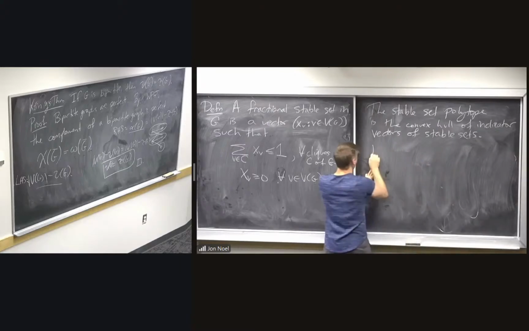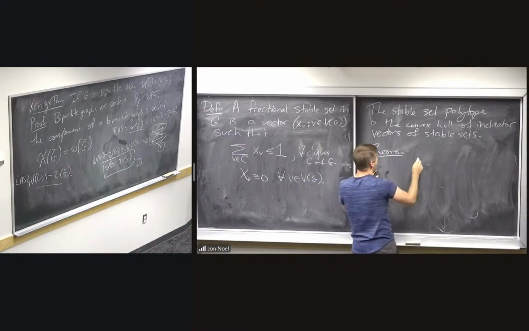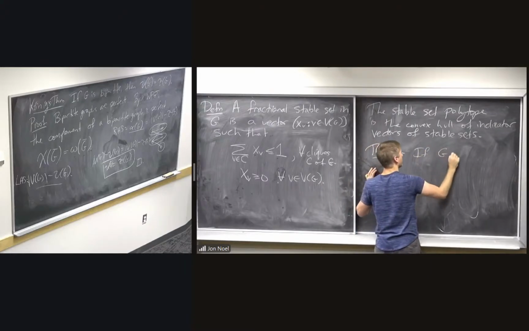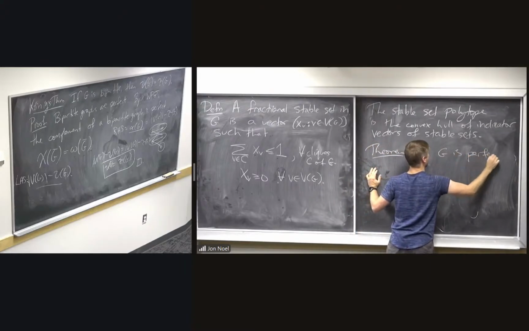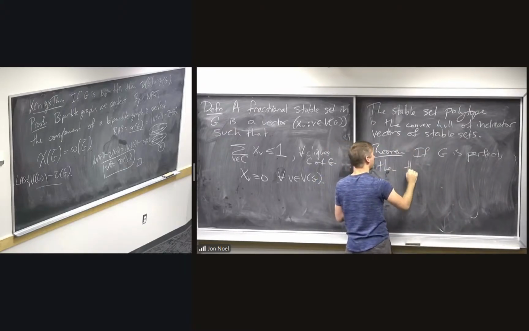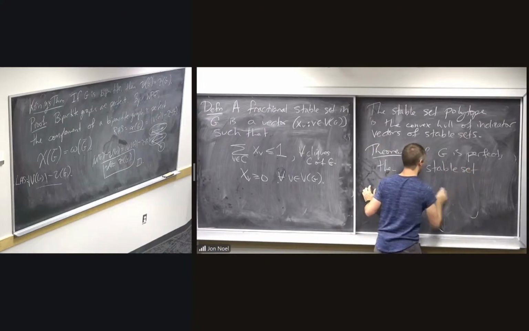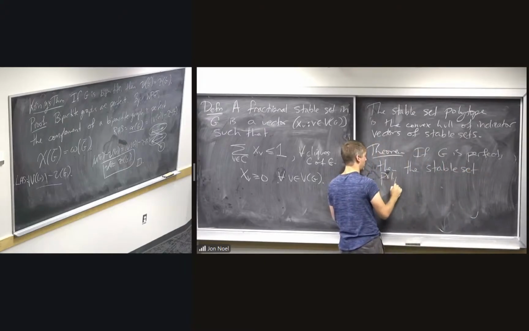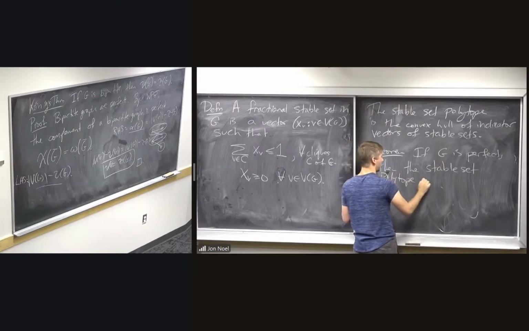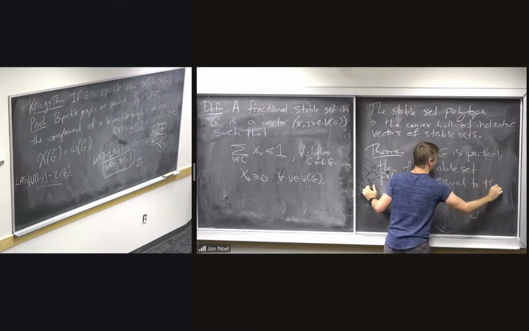Okay, and a theorem that we won't prove, but it is written in the notes, is that if G is perfect, then the stable set polytope is equal to the set of fractional stable sets.